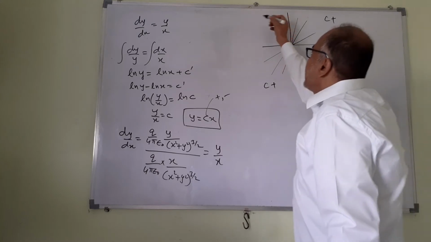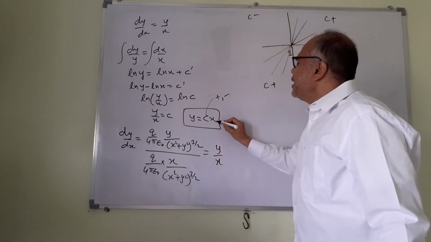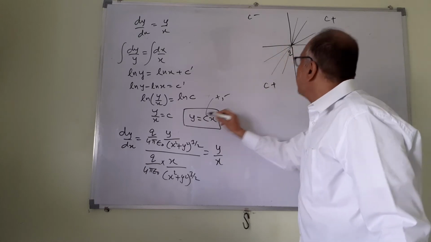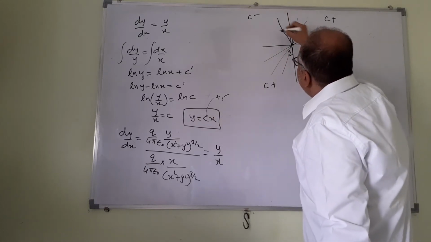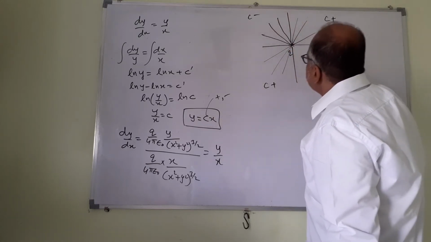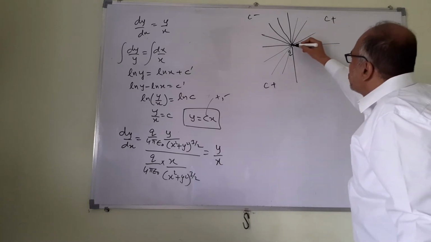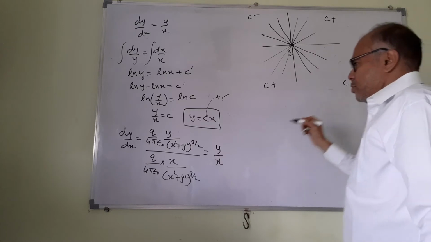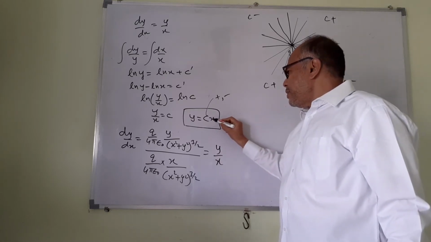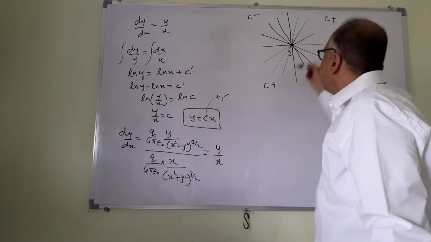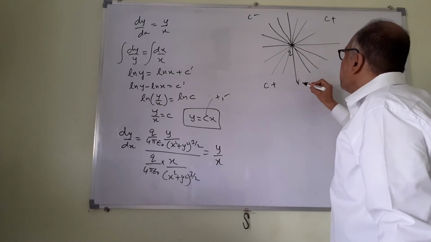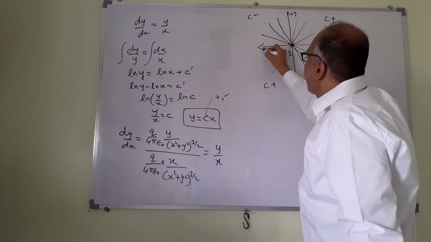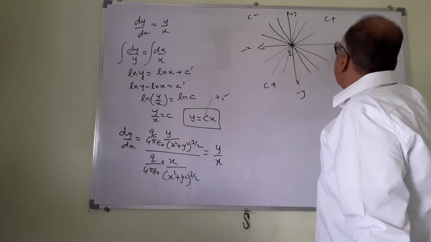And when c is negative and x is negative here in the second quadrant, y will be positive. So you will have the lines like this. C is negative here, we could continue these lines here like that. So when c is negative and x is positive, y will be negative. This is negative y, this is positive y, negative x, and positive x.